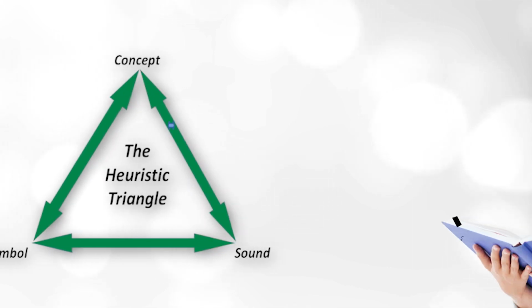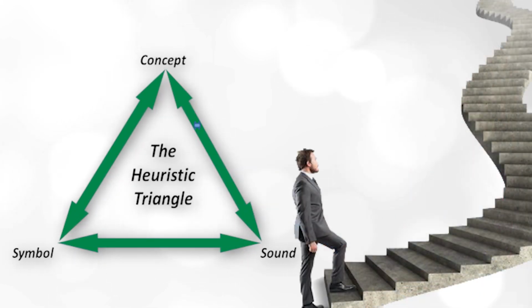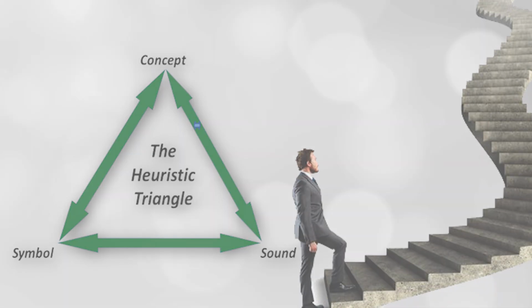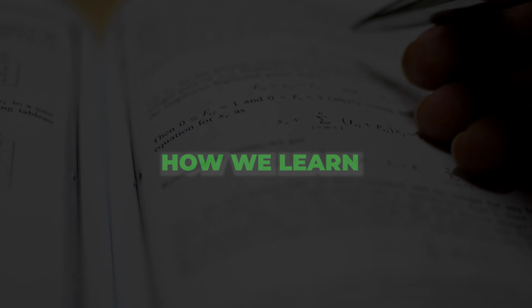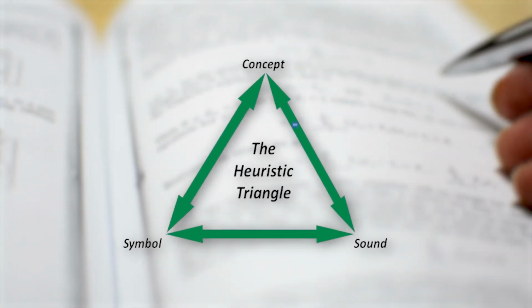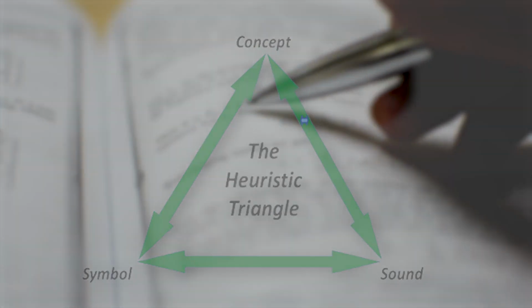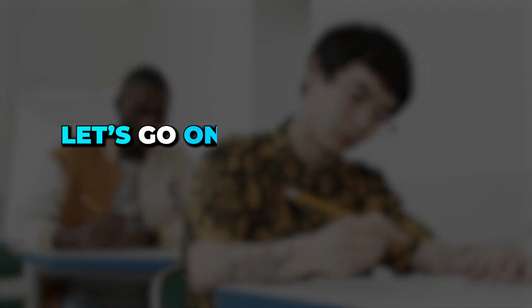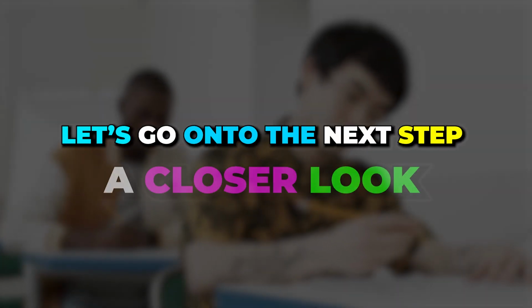That is, if they absorb the heuristic triangle prior to study and utilize it eagerly as a tool for their success. Why? Because this is how we learn. So that's why the heuristic triangle is so important to passing exams and subjects. And why? Let's go into the next step, a closer look.